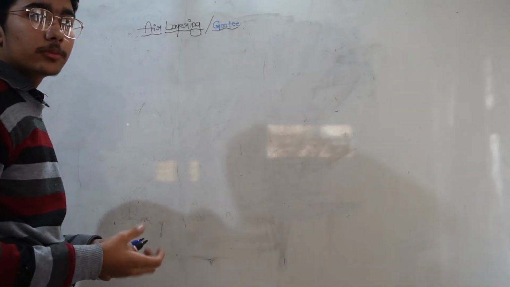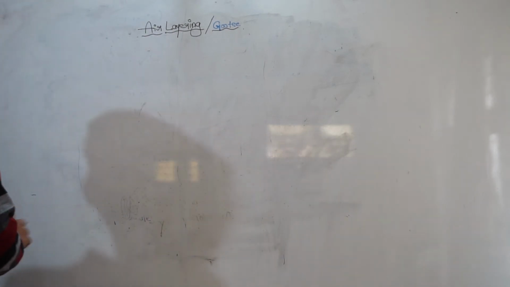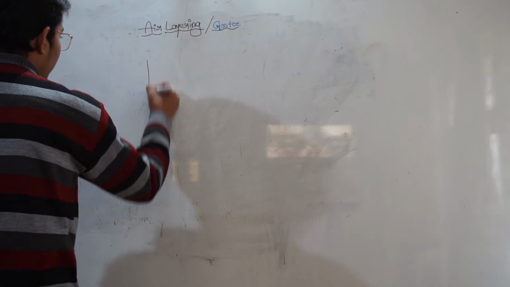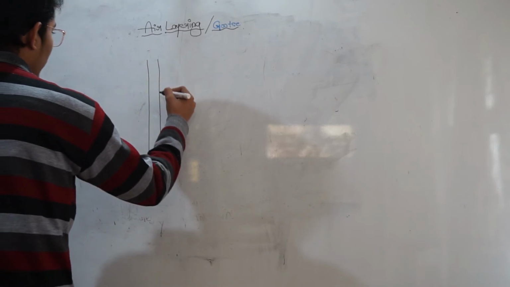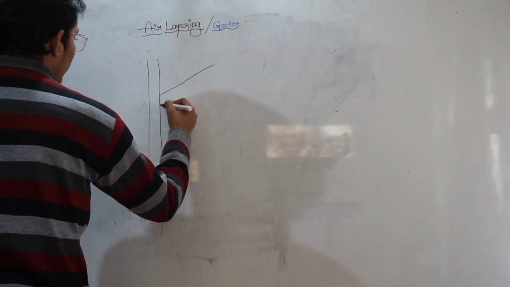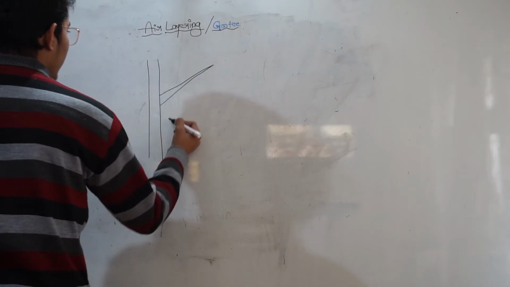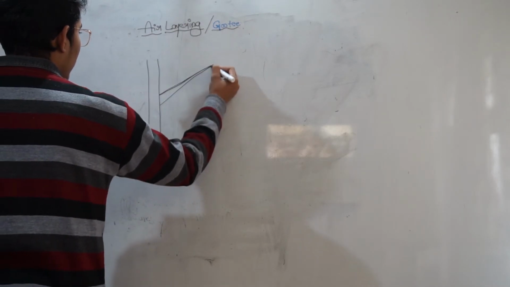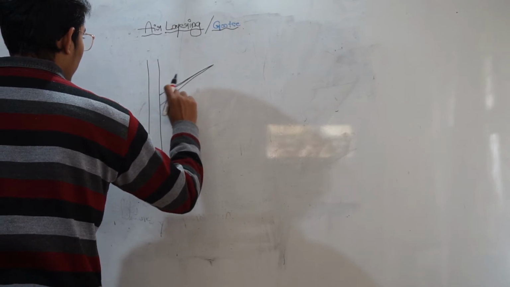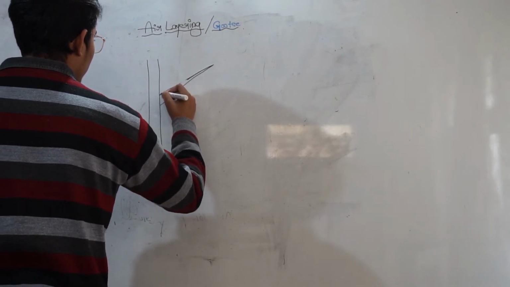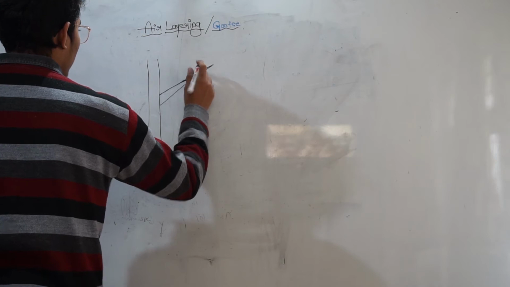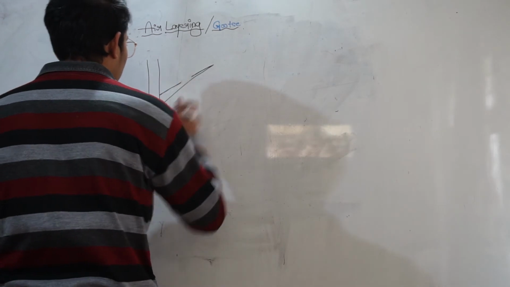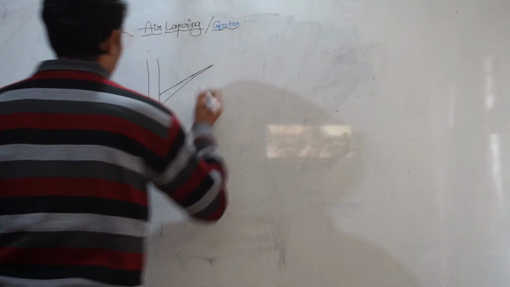Here, the soft flexible shoot system is absent in those plants which perform air layering. So, I'm making the woody plant here. Let's say this is a woody plant, and here is the woody stem, like this.